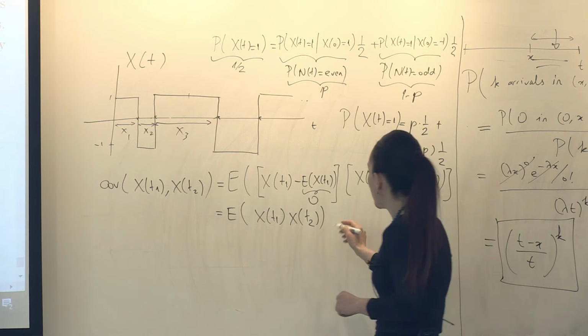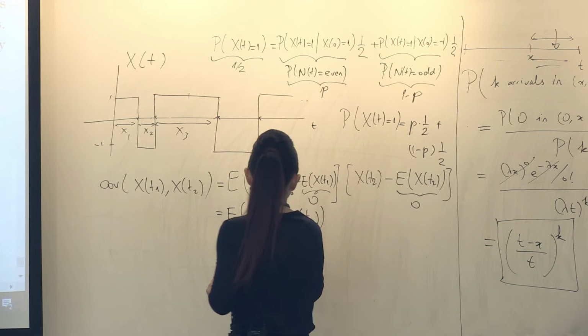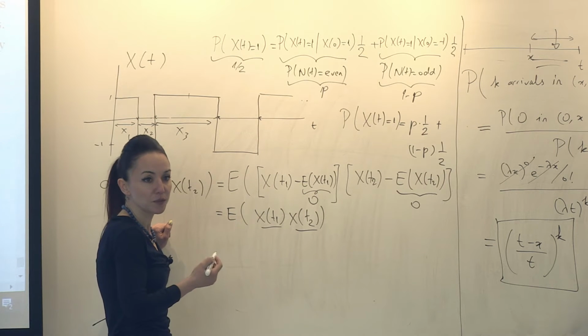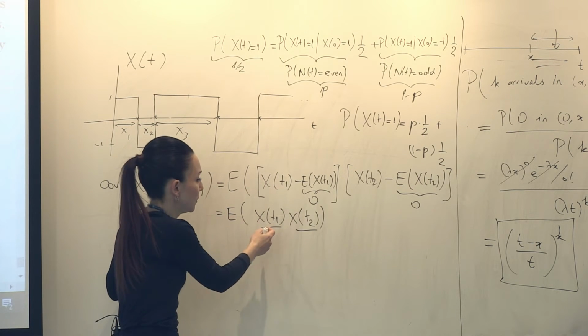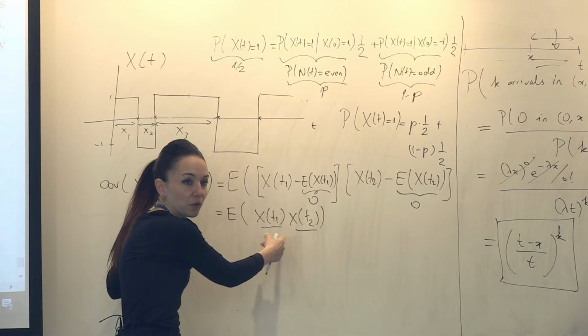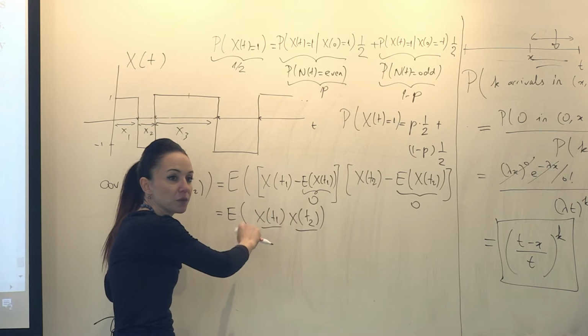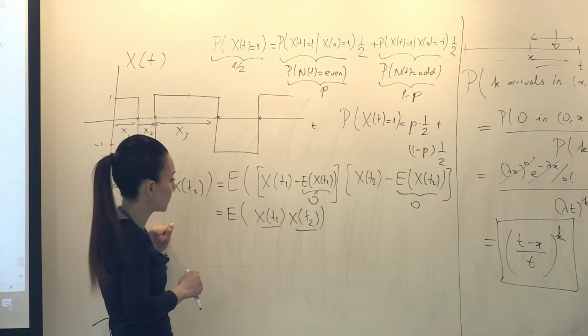Okay, but x of t1 times x of t2, how many possible values does this product take? Either they're both 1 or both -1, in which case the product is 1, or one of them is 1 and the other is -1.